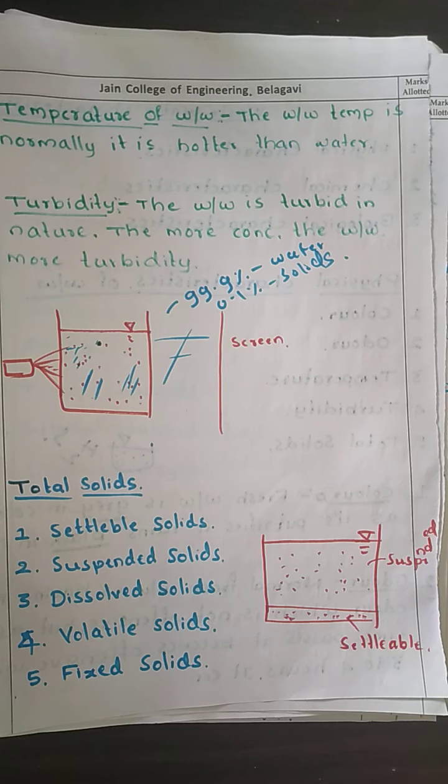The settleable solids are nothing but the solids which are going to get settled down after placing the water in the container for some period of time. After some period of time, these solids will get settled down at the bottom of the container. These particles we call settleable solids. Now suspended solids. We have poured the wastewater into a tank and allowed it to stand for a certain period of time.